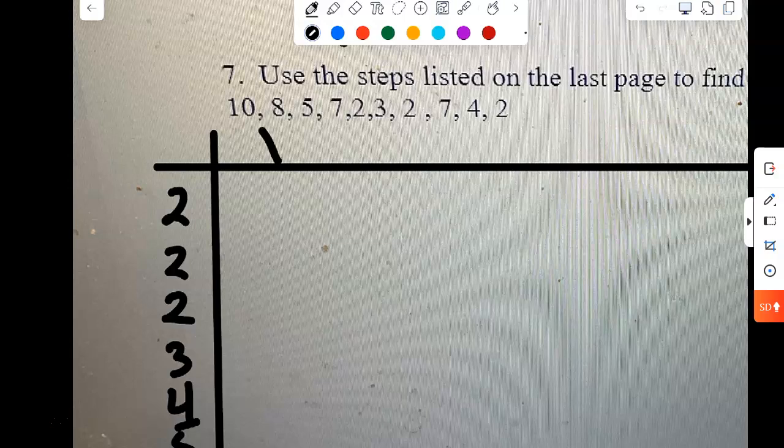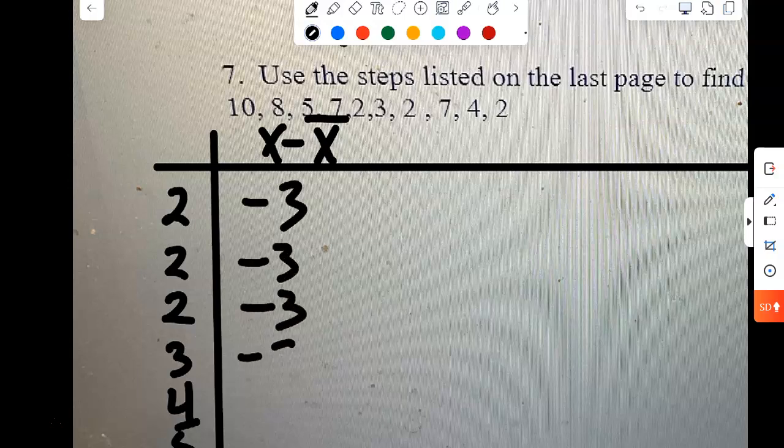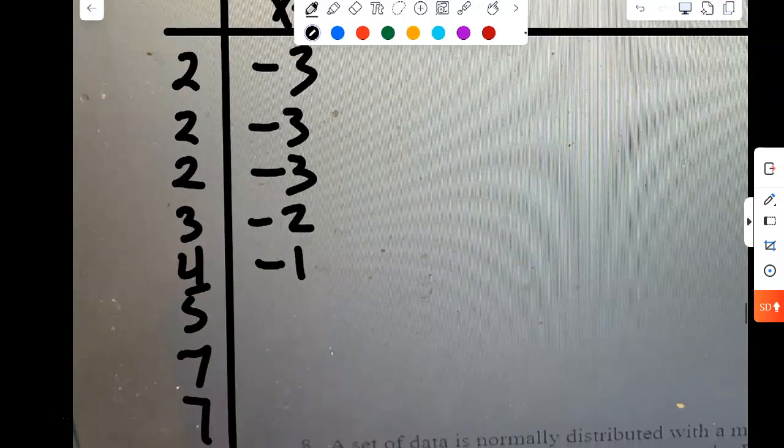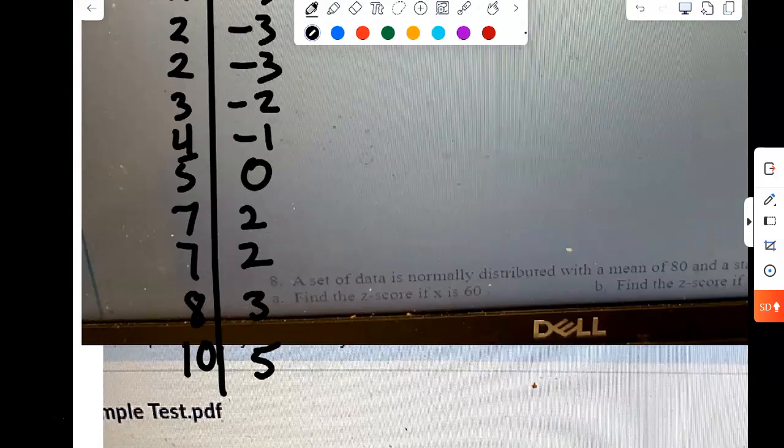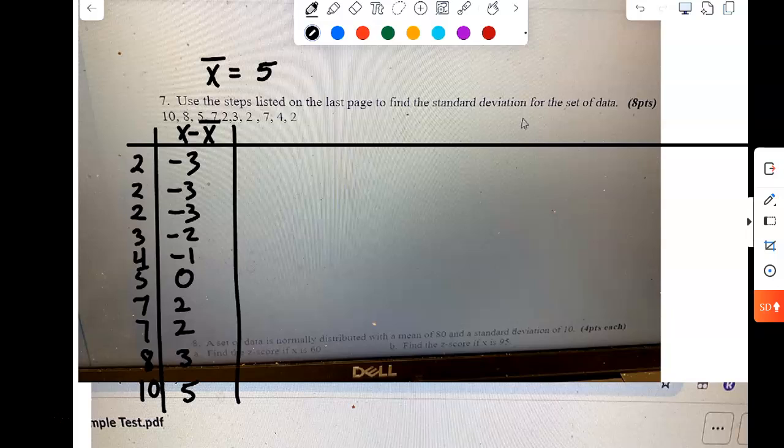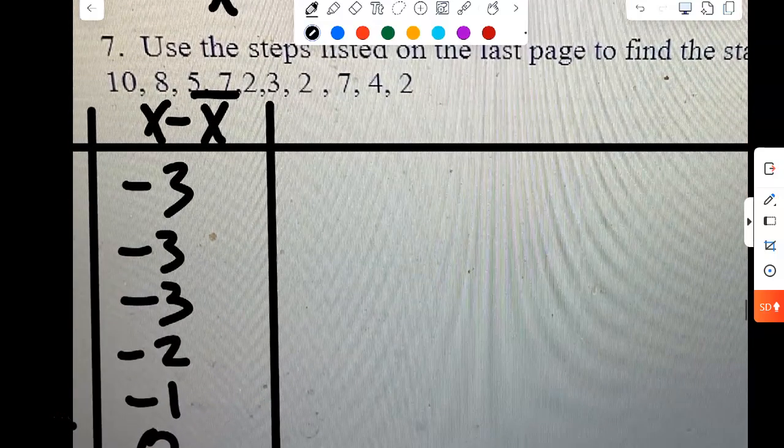And then we're going to take each data value minus the mean. That's the next column, X minus X bar. So 2 minus 5 would be negative 3, negative 3, negative 3, negative 2, negative 1, 0, 2, 2, 3, and 5. Then we're going to take all of those values and square them.